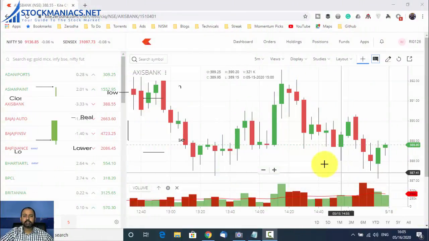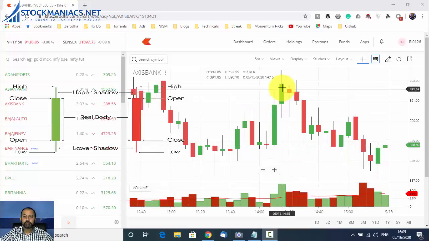First let me describe the bullish candlestick. Suppose this is a bullish candlestick. So what has happened here? You can see the market opened here. In this candle, whatever time frame you are using, suppose this is the 5 minutes candle. So this time the market opened here. This is the Axis Bank chart.